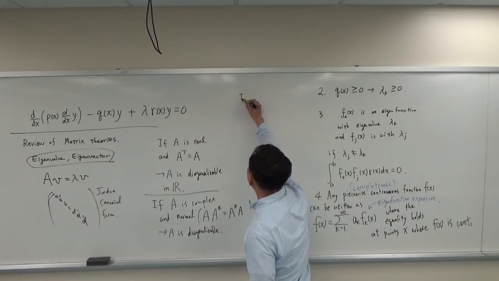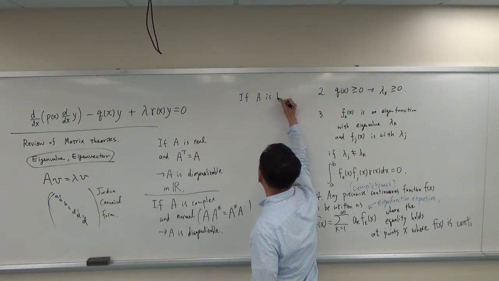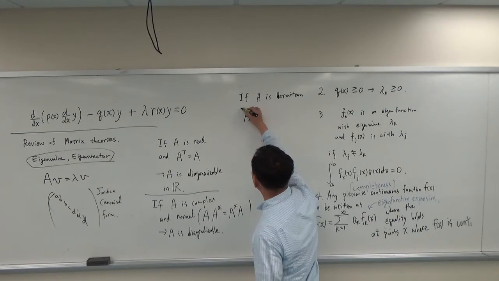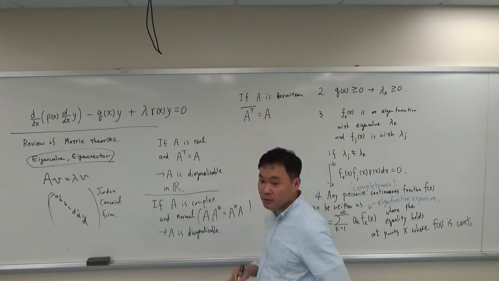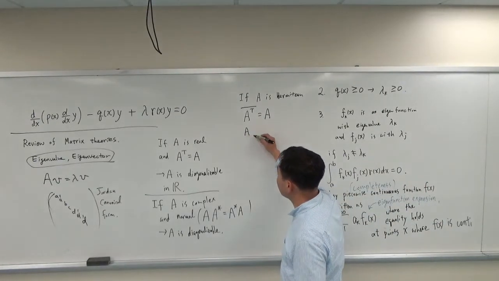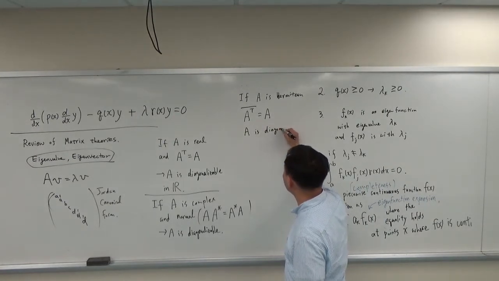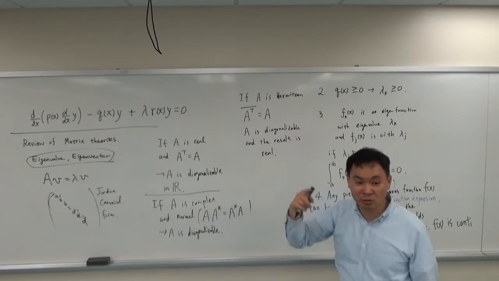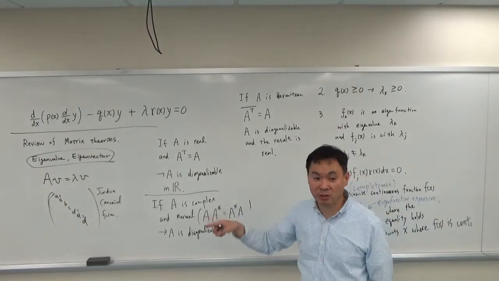So if A is Hermitian, so that A transpose conjugate is the same as A, then A is diagonalizable, and the result is real. So the diagonalized matrix would have real entries. Okay.